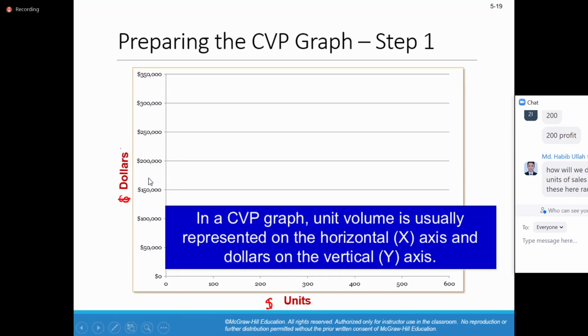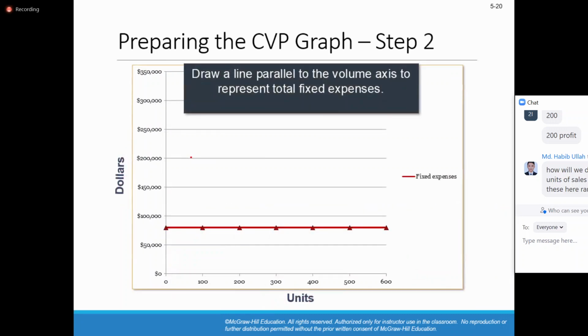Then what we need to do, we have expressed the unit volume in the horizontal and the dollars in the vertical. Now, first thing first, we need fixed expenses. Of what amount of fixed expenses we had? Can you recall? What was the fixed expenses? Would you write in the chat box?